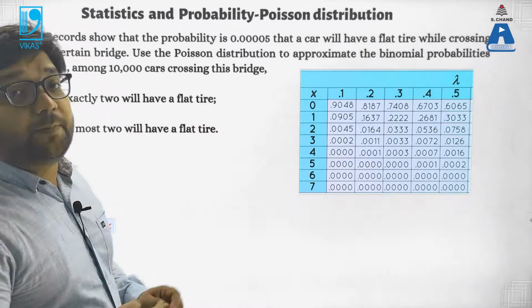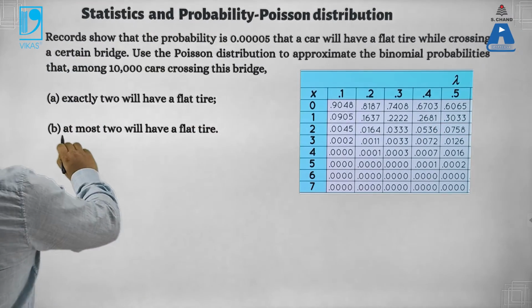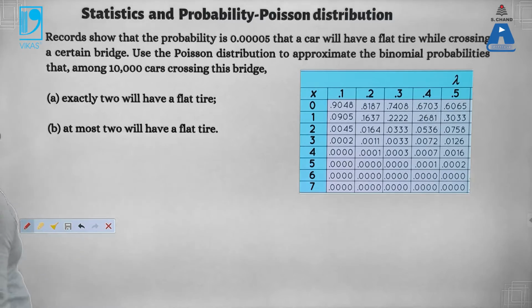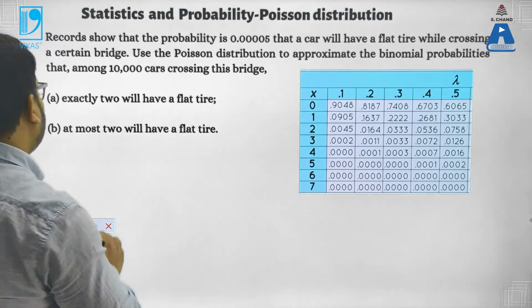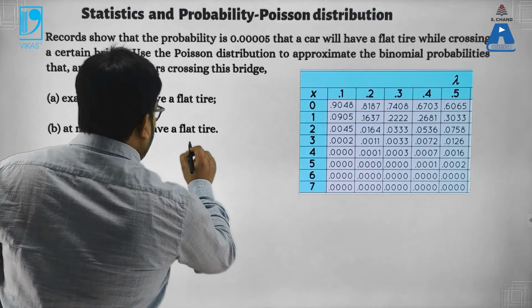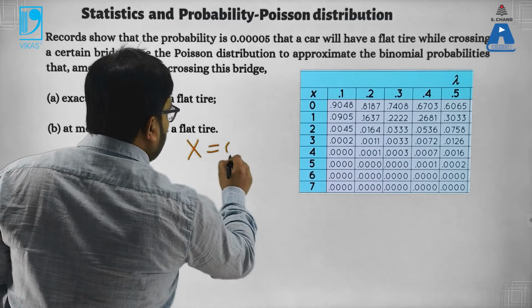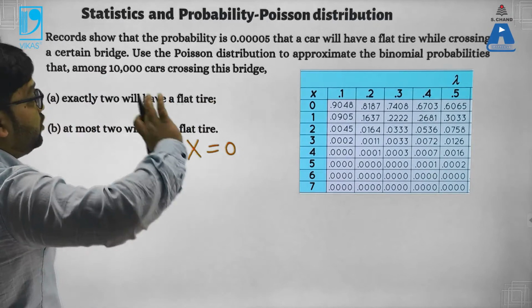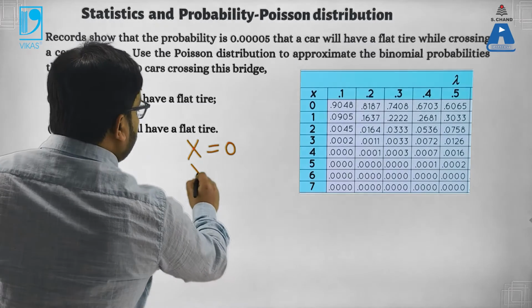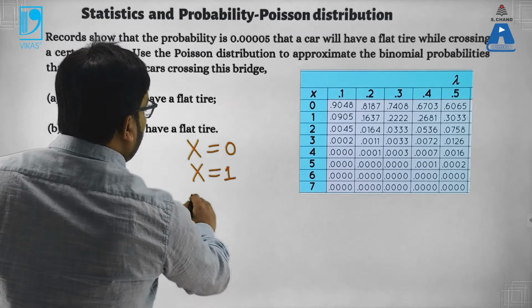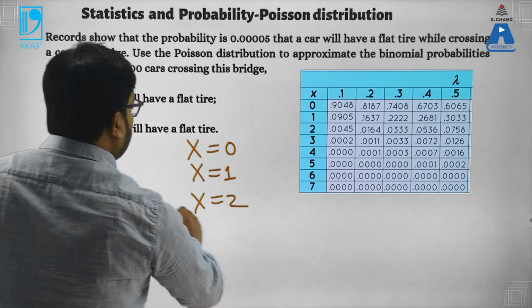Now coming to part B, at most two will have a flat tire. That means x can be 0 also, no cars going flat. x can be 1 also, or x can be 2 also.